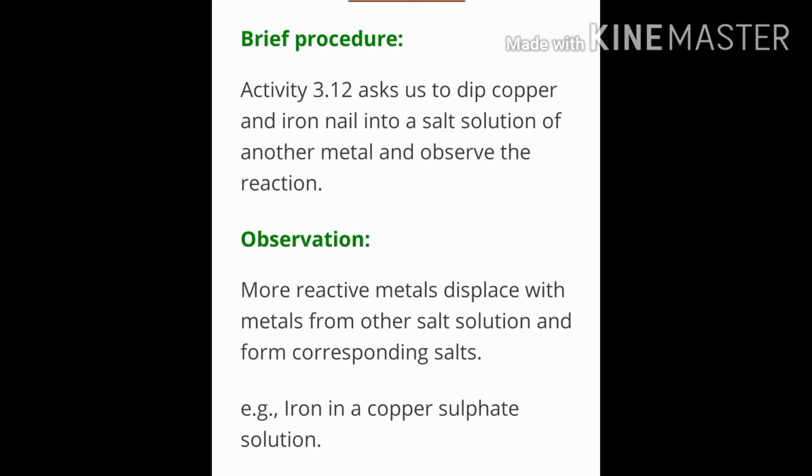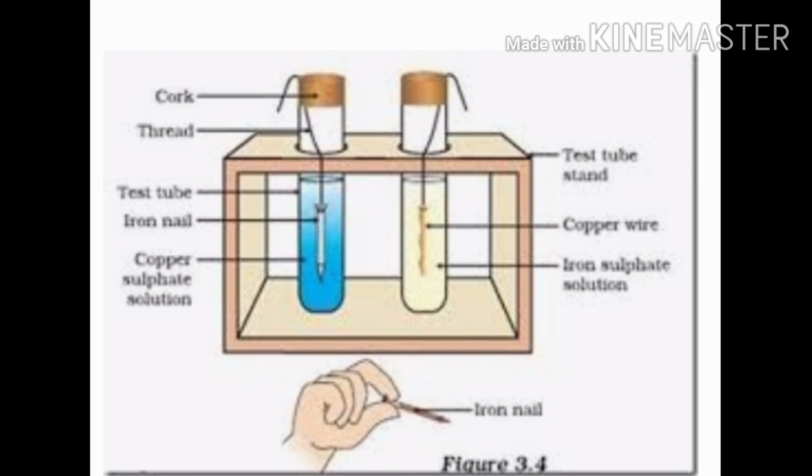We'll take a test tube containing iron sulfate solution and dip copper wire into it. Then we take another test tube containing copper sulfate solution, in which we will place an iron nail. We will record the observation after 20 minutes.